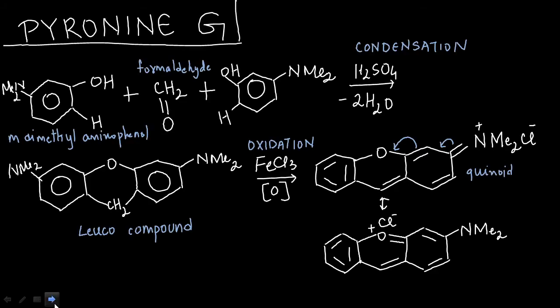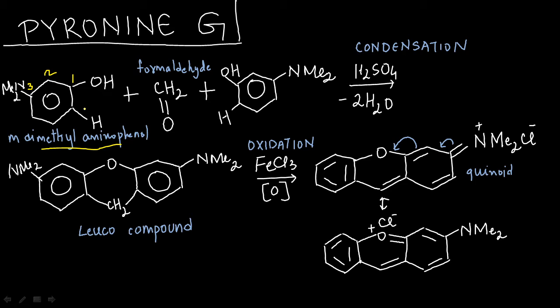Let's start with the first synthesis, that is Pyronine G. So we have meta dimethyl amino phenol, at the 1,3 position. The meta position has the dimethyl amino group.